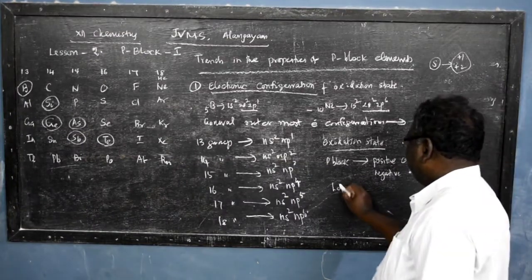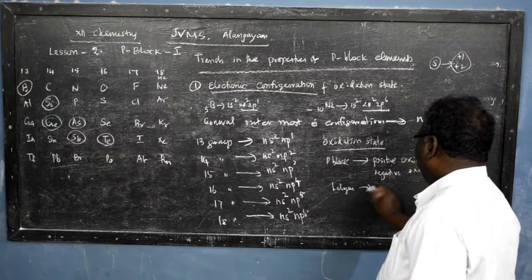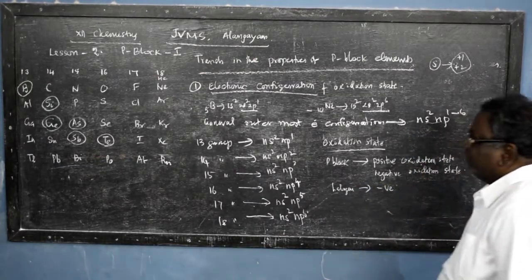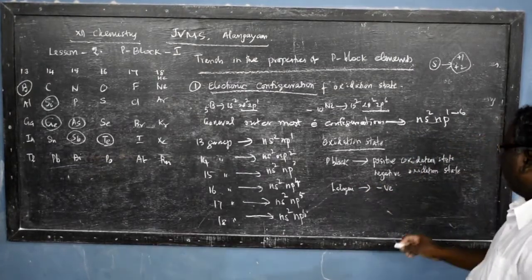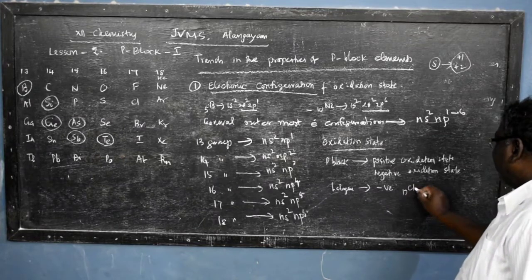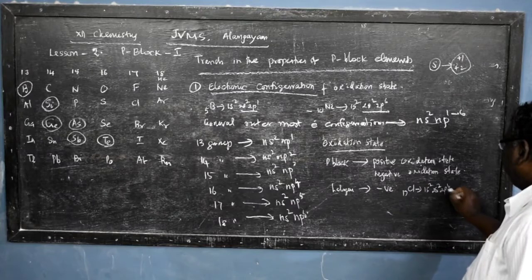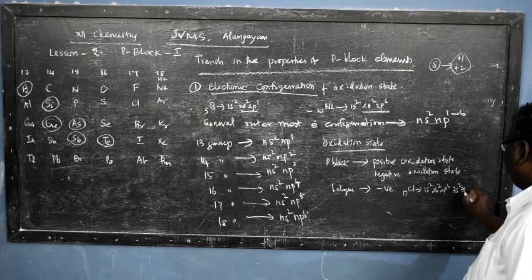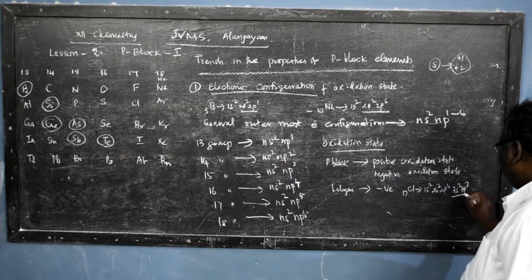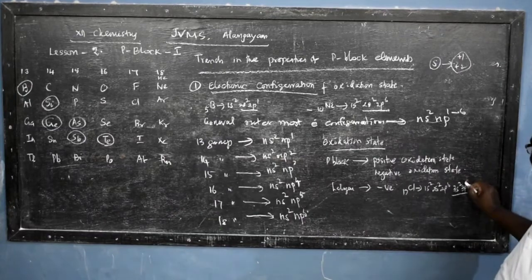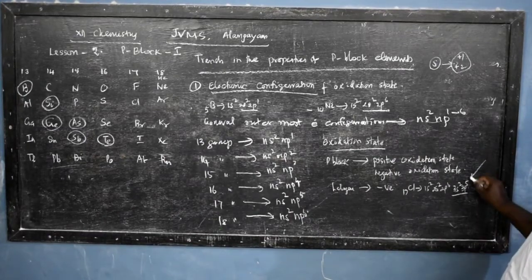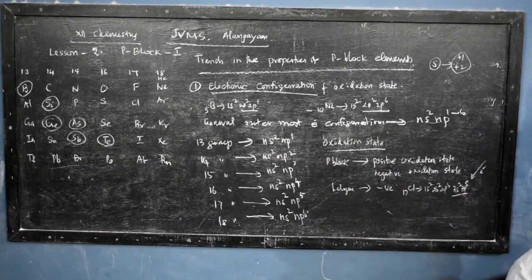Halogens generally will have negative oxidation state because, for example, if you write chlorine, it is 1s2, 2s2, 2p6, 3s2, 3p5. They need one more electron to get the octet structure.